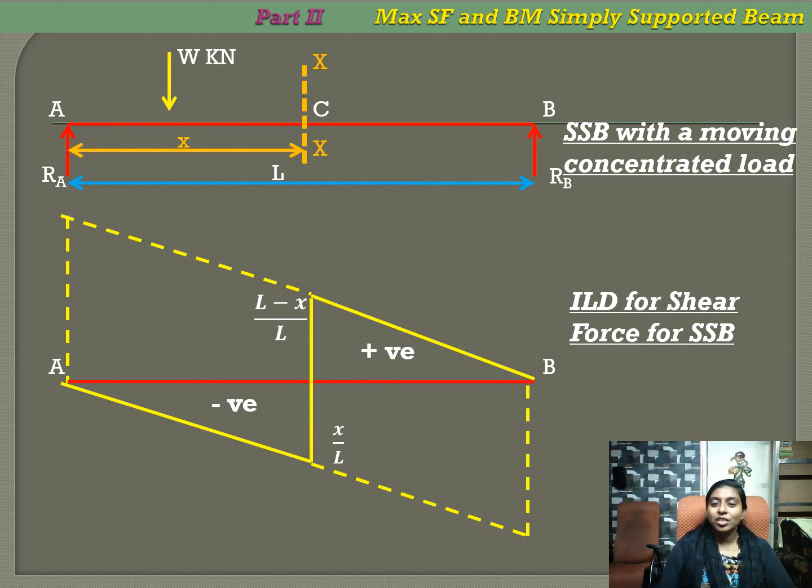And when the section is moved towards B, our positive ordinate becomes 0 and we will have the maximum negative ordinate. And remember the values at the section, that is L minus x by L and x by L. Adding these both, this is what we have studied in our shear forces and bending moments influence line diagrams. When we add L minus x by L and x by L, we get the value as 1.